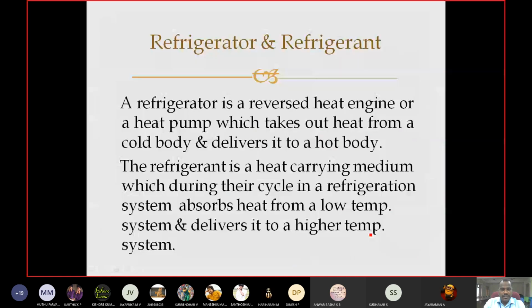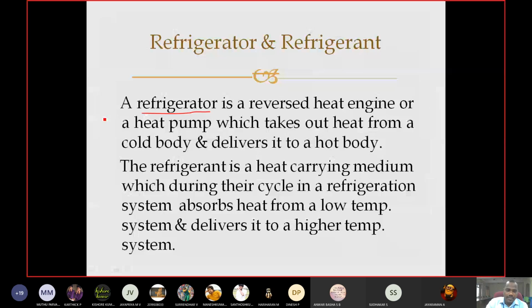Before entering the refrigerant, we can compare the refrigerator and the refrigerant. A refrigerator is a reversed heat engine or a heat pump which takes out heat from a cold body and delivers it to a hot body. The refrigerant is a heat carrying medium. The refrigerator is a device to transfer heat from a cold medium to a high medium.